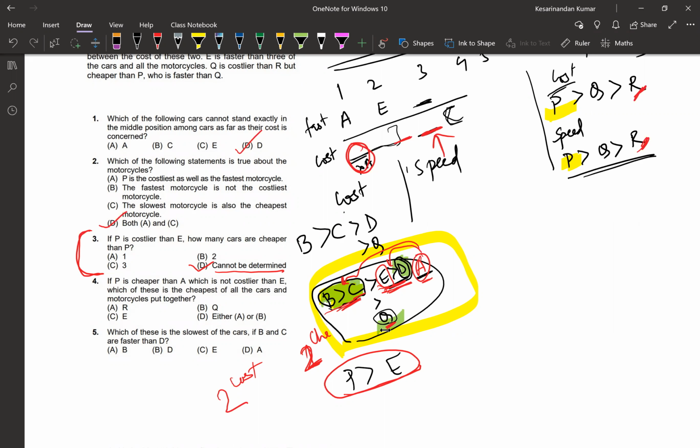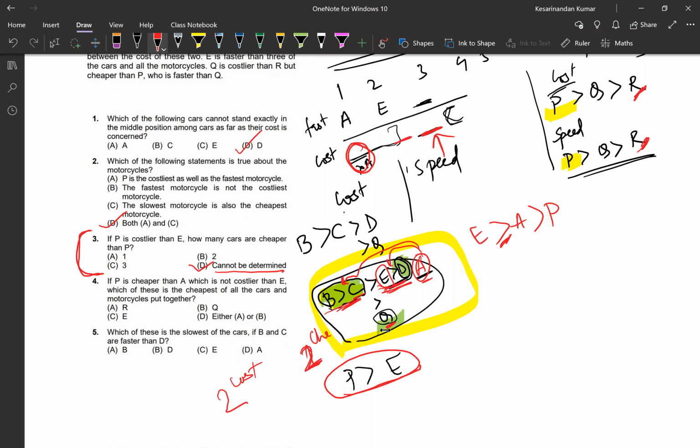Moving to the fourth one, if P is cheaper than A, okay, so A will be expensive, perfectly fine, which is not costlier than E. It can be equal as well for now because it is said it is not costlier, perfectly fine.